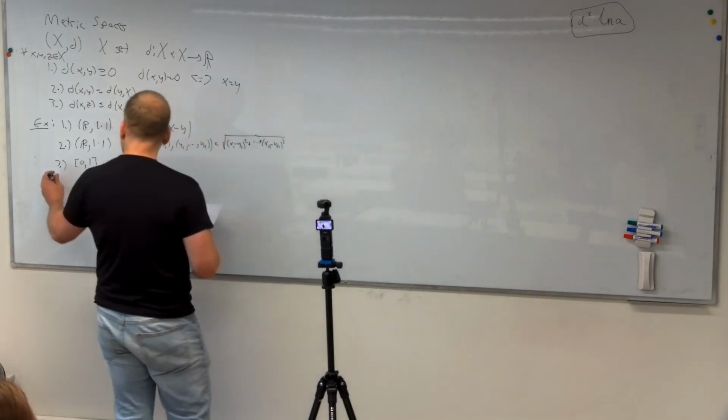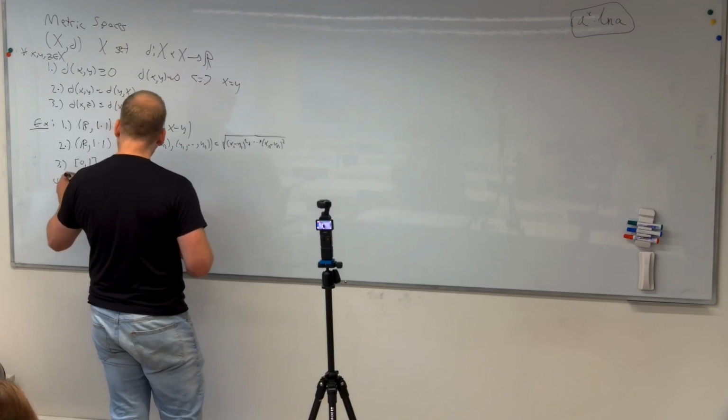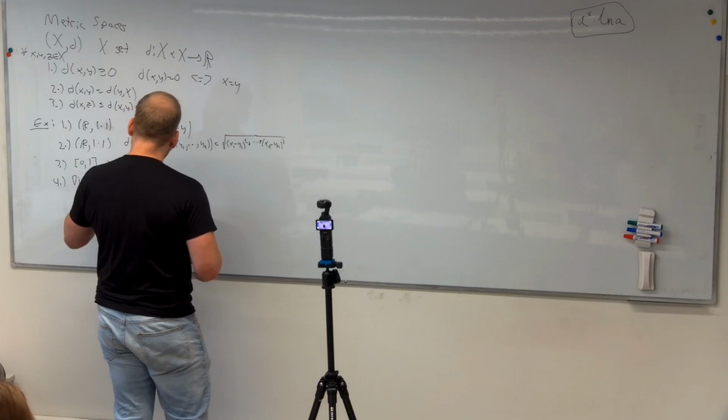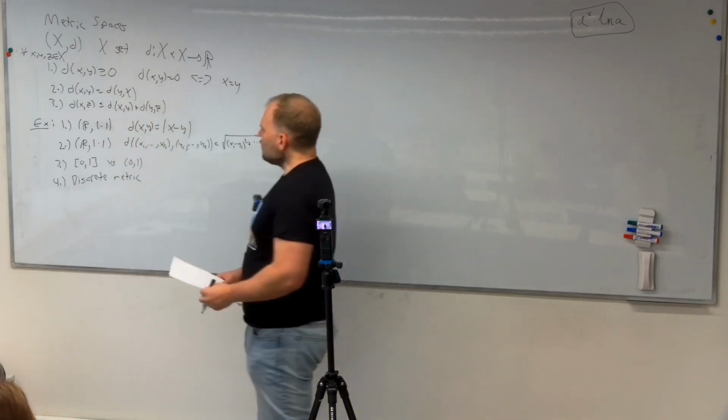Four, this is a good one that's a little more abstract, the discrete metric. This is a metric you can put on any set.